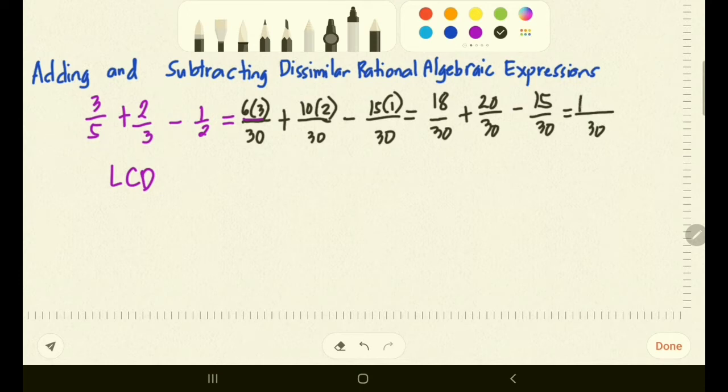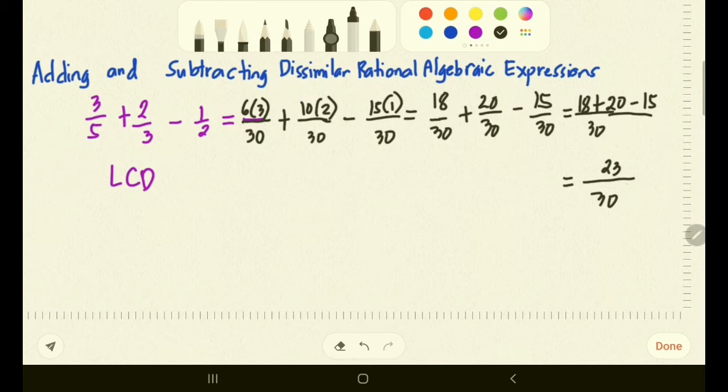So, 18 plus 20 minus 15. 18 plus 20 is 38, minus 15 is 23. If the fraction or the rational algebraic expression is still factorable or can be simplified, you simplify that into the lowest term.